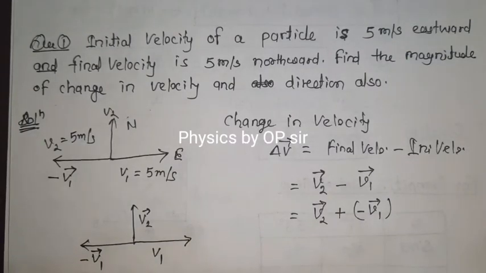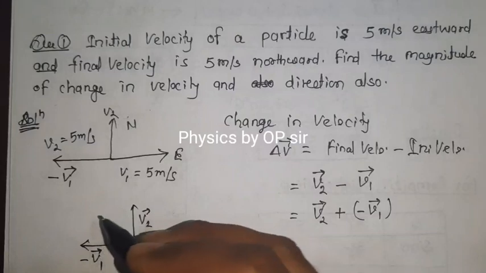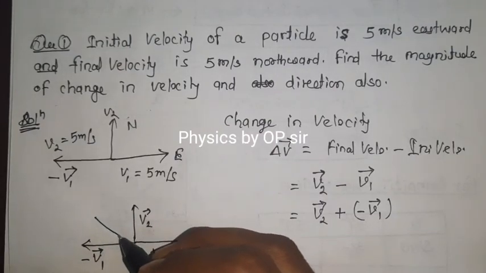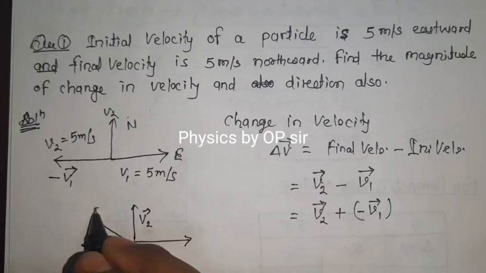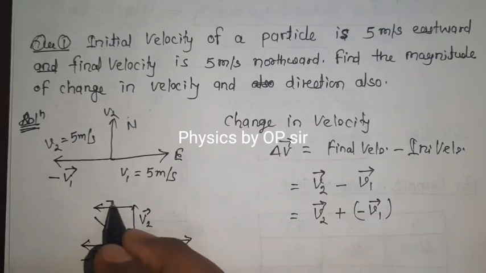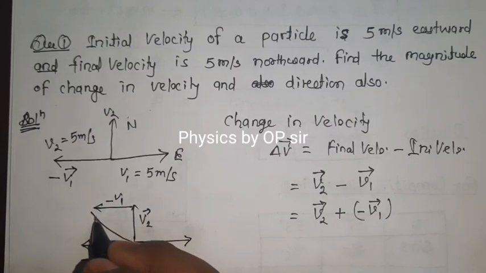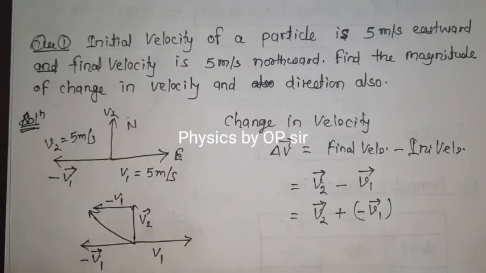Now we need the resultant of these two vectors. How can we find it? By adding head, arrowhead and tail. Suppose this is v2 vector and this is minus v1 vector, then this vector will be the resultant from the vector addition triangle law.